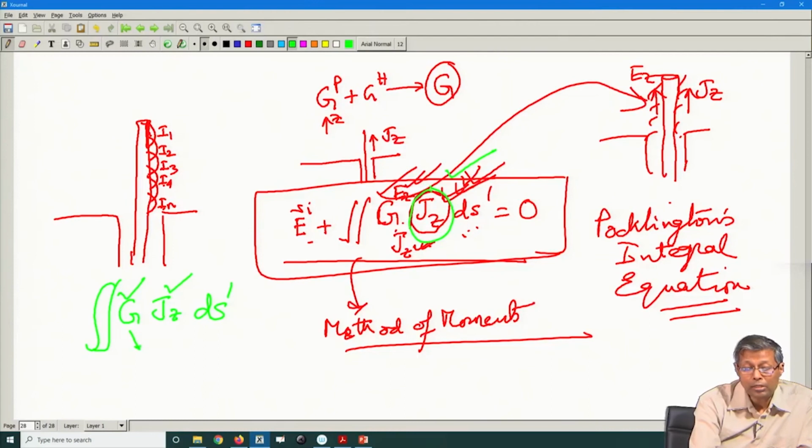This Green's function is a summation over all the modes, as I told you earlier. So, I can stop this Green's function if I am interested in one particular mode. I can stop the summation in the Green's function and make it applicable for only that mode and find out the radiated field due to that particular mode.